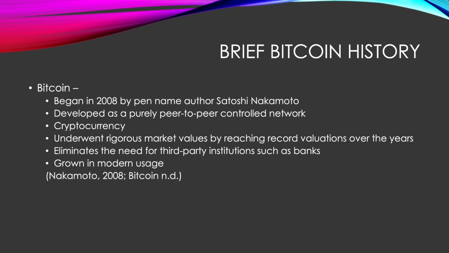It was remarkable, the valuation that it has received since its creation. It definitely eliminates the need for a third-party institute such as a bank because it is peer-to-peer controlled. It has definitely grown in modern usage. In fact, many people have been incorporating it into their businesses as a method of payment.